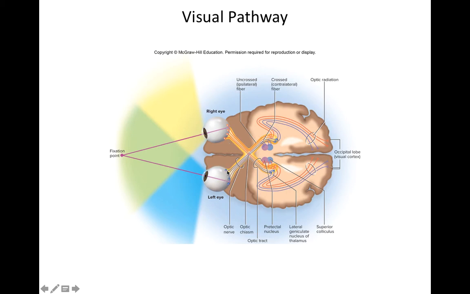So if I follow these purple fibers from the left eye on the medial side, so these two right here, they're going to come in. Here's our optic chiasm. You guys saw that on the brain. And then they actually decussate. They cross over to the contralateral side. And so this information is going to end up on the right side of the brain, along with the lateral fibers from the right eye. So the lateral fibers stay ipsilateral.